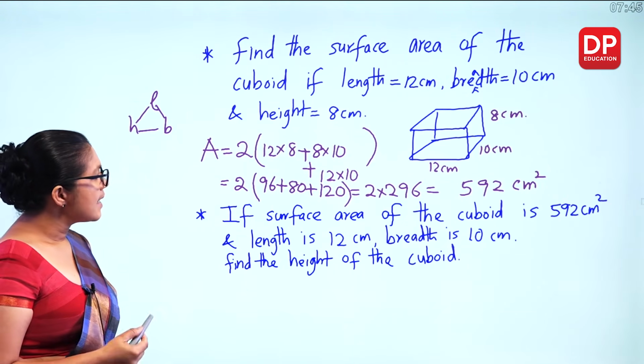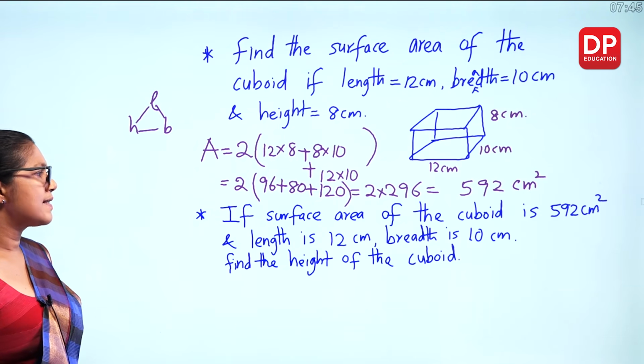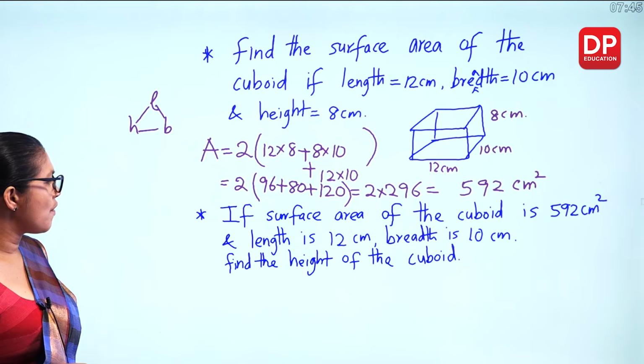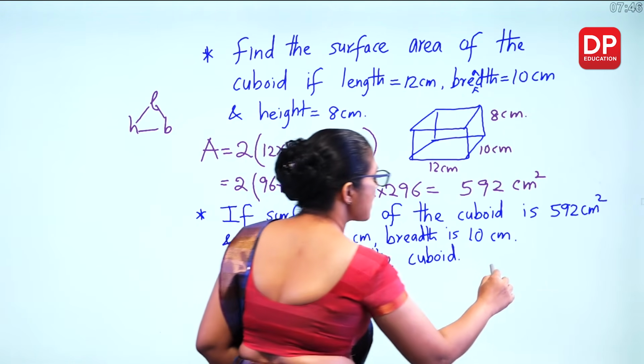Now we'll take the next one. Next one, the surface area of the cuboid is given and you are asked to find out the height of the cuboid. So we'll try to sketch the diagram.